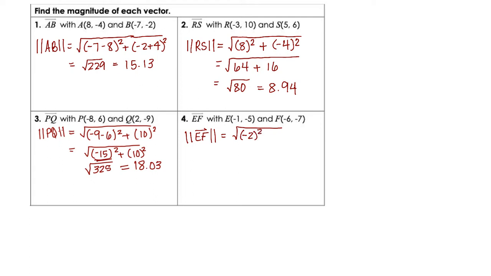Y'all can do those numbers in your head. -2, and then plus -5 all squared. And that's going to give you the square root of 29, isn't it? That's going to be 4 and 25, so 29. And then that's going to give you 5.39, sorry, not 15.